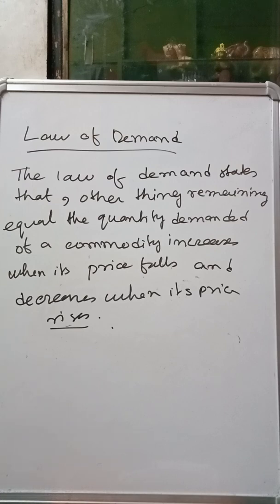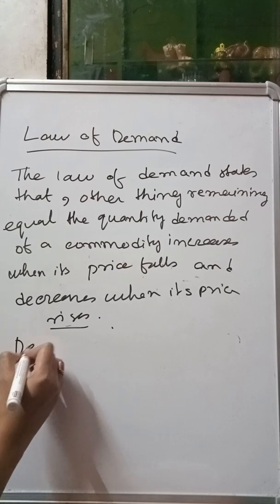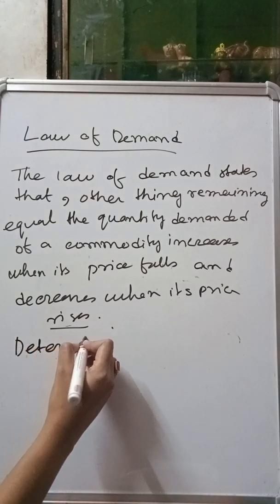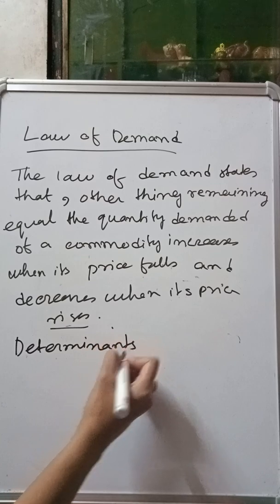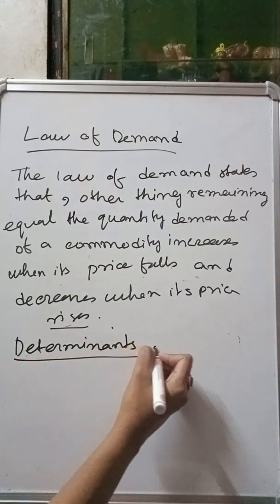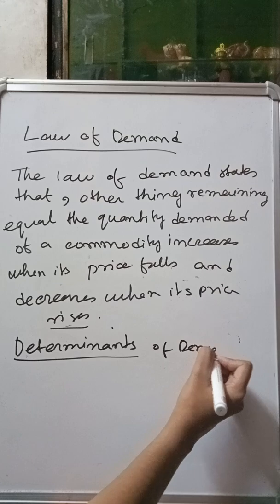Now we already know what the determinants of demand are. Let us see the determinants which we have already discussed in the class. Determinants of demand, or you can say factors of demand.